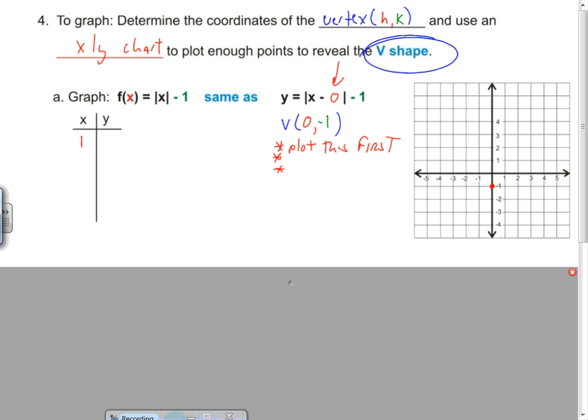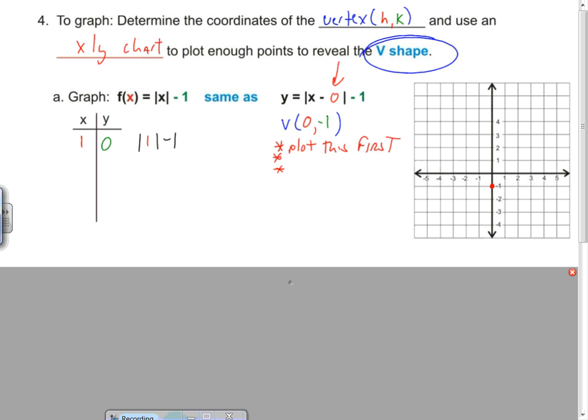Remember, this is the value of X. So I'm taking this part of the function, right? And where the X is, I'm going to put in 1. Class, the absolute value of 1 is 1. 1 minus 1 is 0. And now we have the point 1, 0.